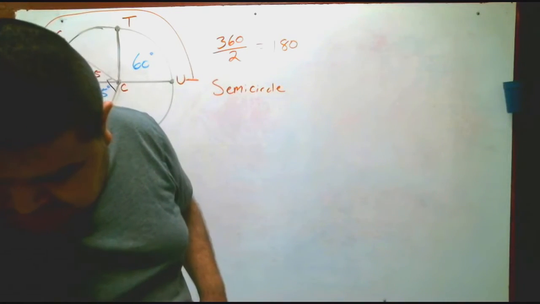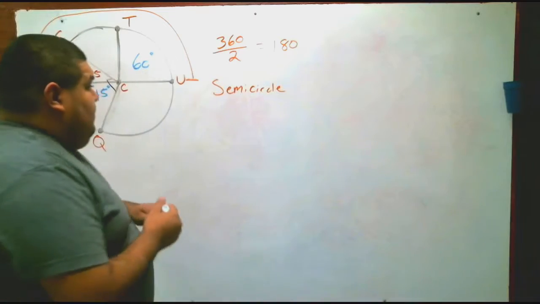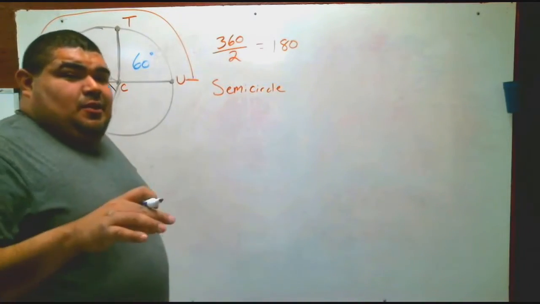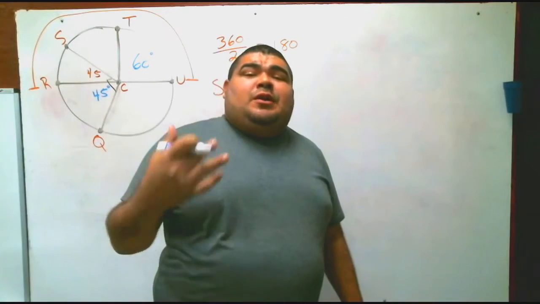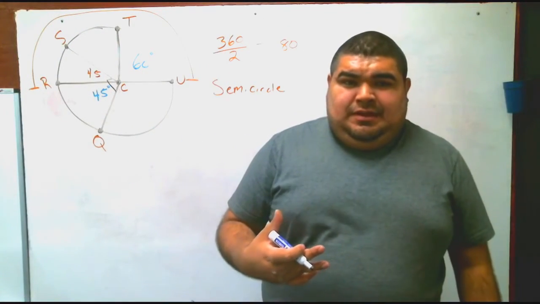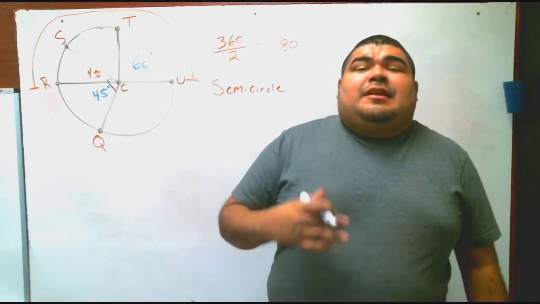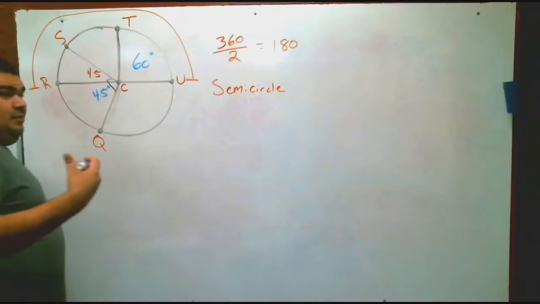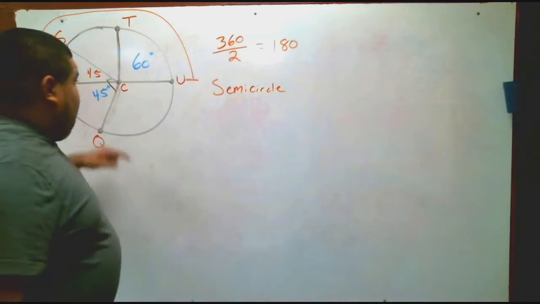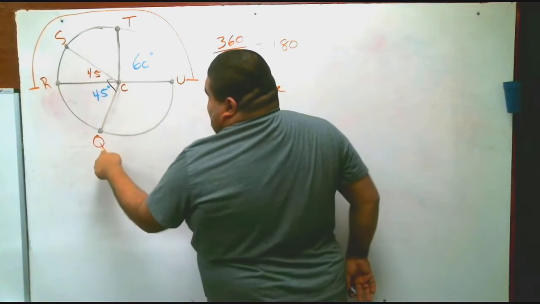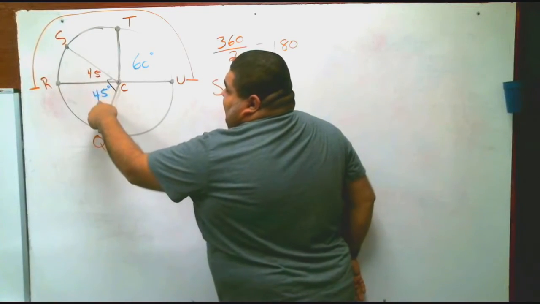Let's see, what color should I use? Purple. When you have something below, okay? This is back to angles. When you have something below 90 degrees, okay? It's called a minor arc, okay? For example, in this specific problem, if R, C, and Q makes 45 degrees.